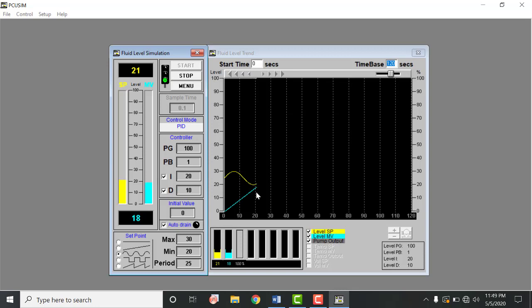So it doesn't matter, when our measured value intersects with this set point, it would change the behavior of this pump, and it would automatically start the auto drain. Now you can see that we have achieved our set point value over here. Now the value of the set point is reducing as compared to this measured value.